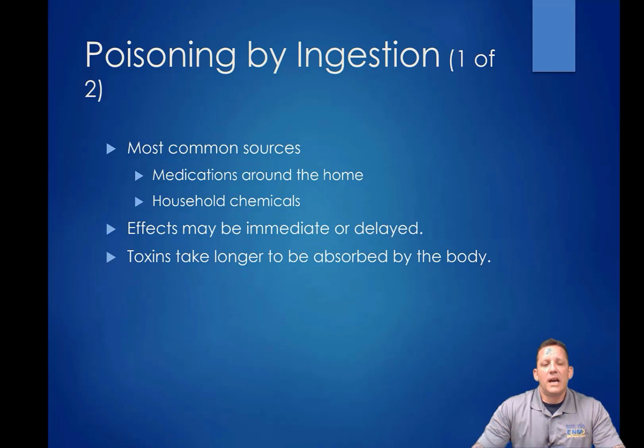Or perhaps Tylenol, which is an over-the-counter medication that is highly toxic if taken in incorrect amounts. Household chemicals would typically be an unintended ingestion, right? Perhaps a small child gets hold of some kind of household cleaner and mistakes it for something like Kool-Aid or another drink, and they unintentionally ingest it before having the yuck response, which would be to spit it out or vomit.